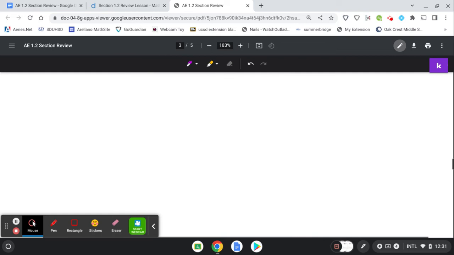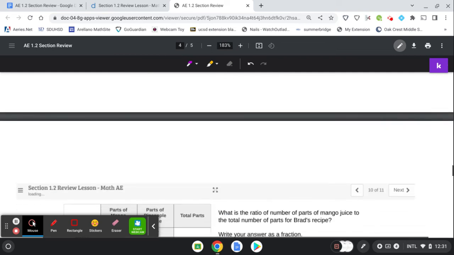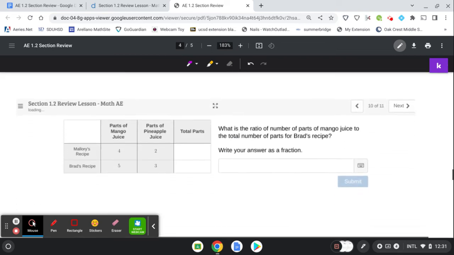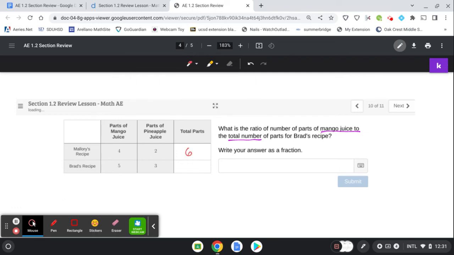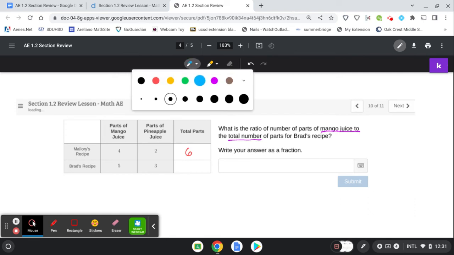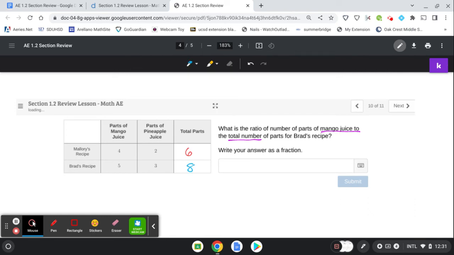Okay, if we go to slide 10, it says, what is the ratio of the number of parts of mango juice to the total number of parts for Brad's recipe? So remember that Mallory had 6 total parts, and then Brad had 8 total parts in his recipe.